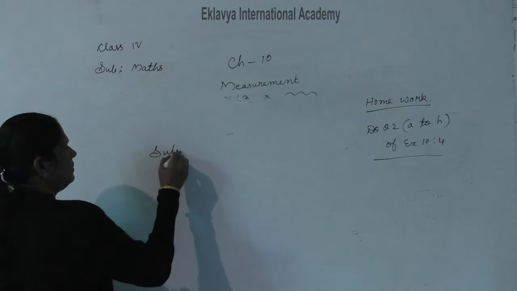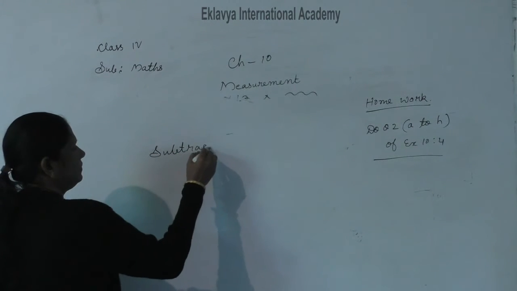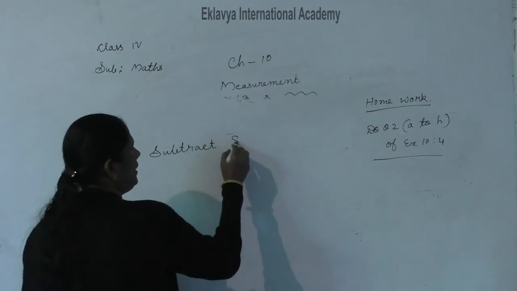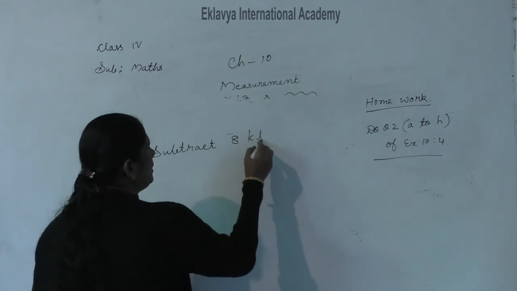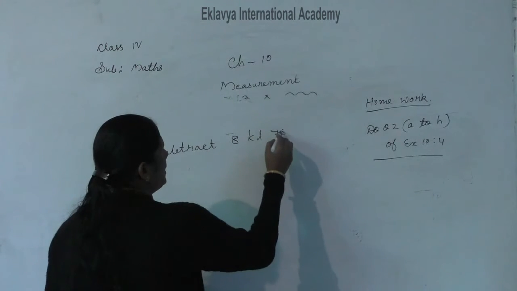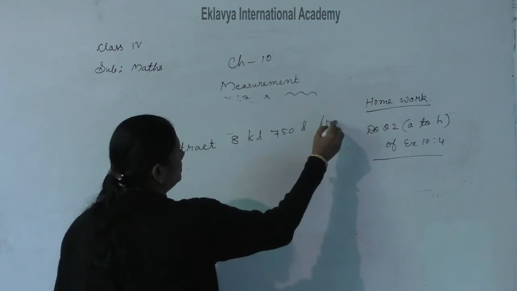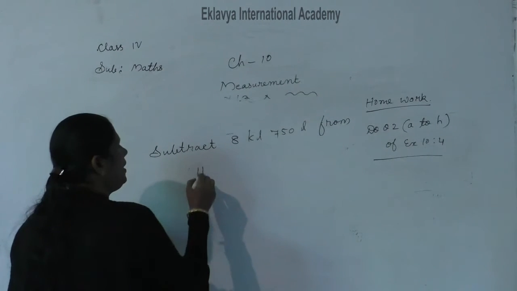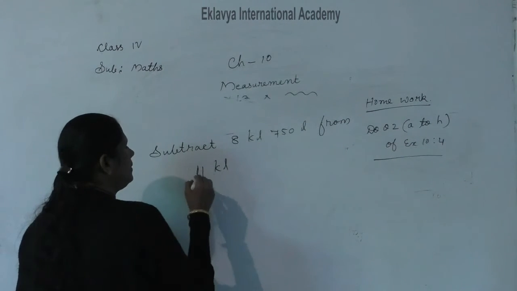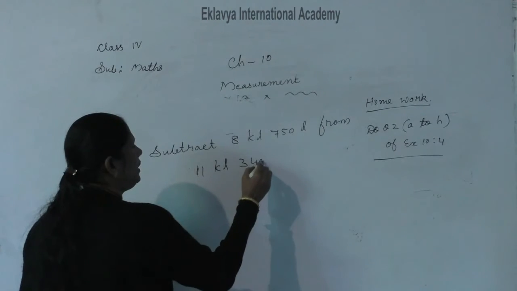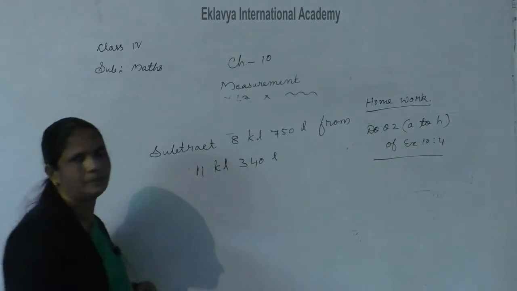Subtract 8 kiloliter 750 liter from 11 kiloliter 340 liter.